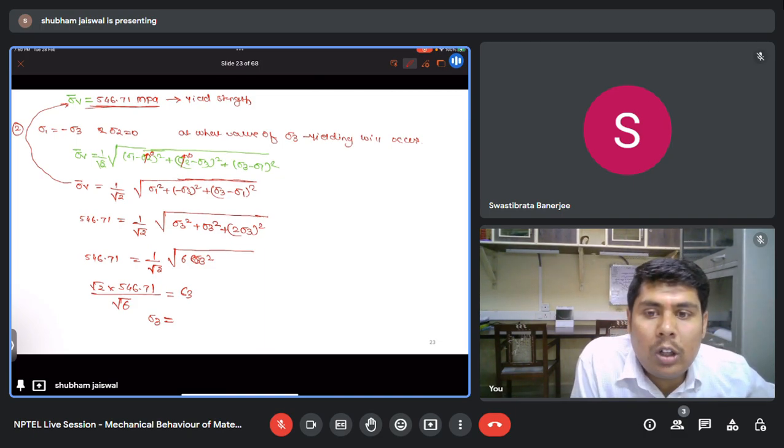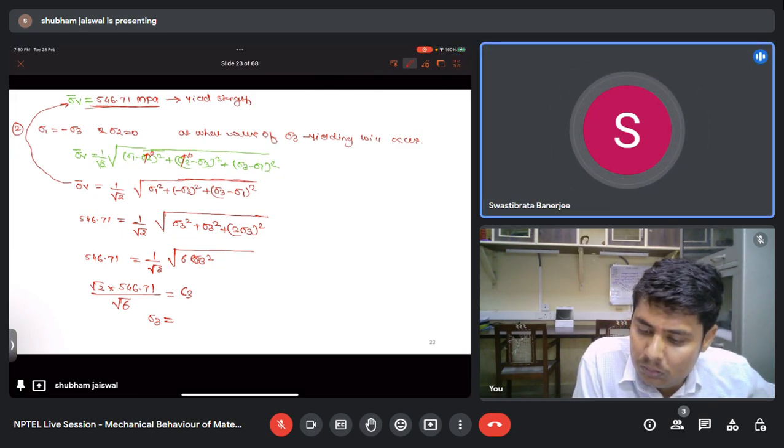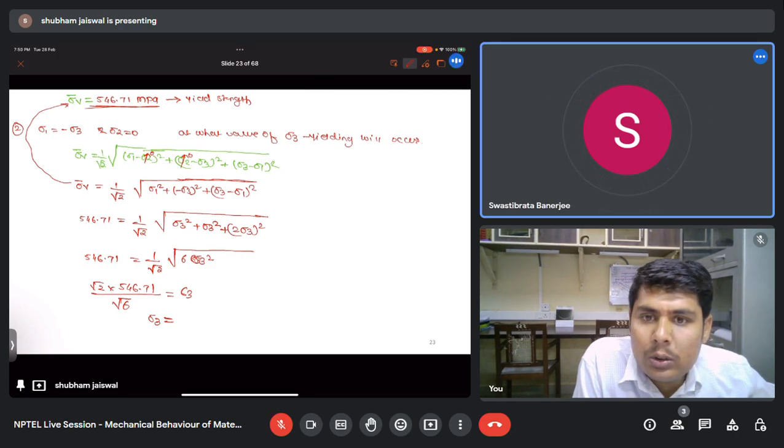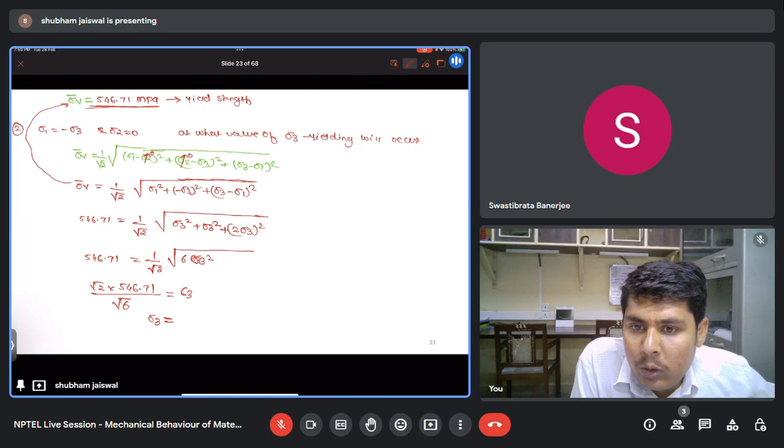So sigma 3 is how much? Actually, I got 2.34. How so? Root 2 into 546.71 divided by root 6. I think you are making a mistake somewhere.